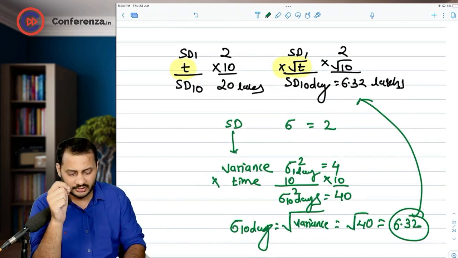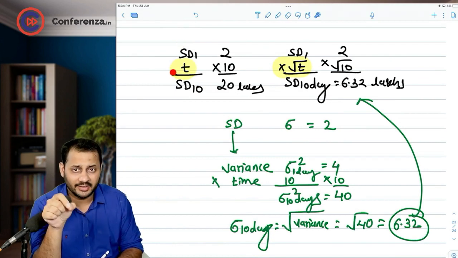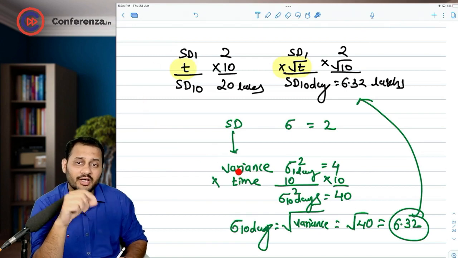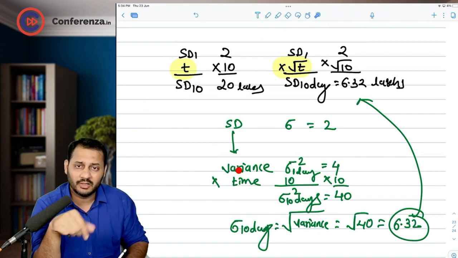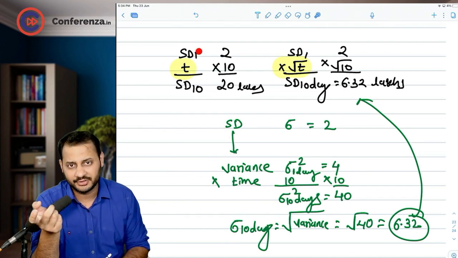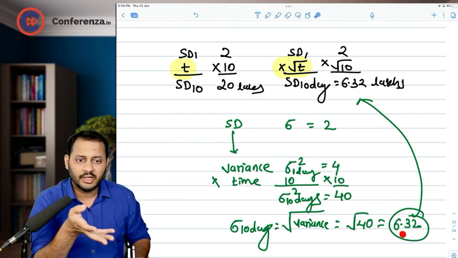So what I want to say is putting time directly with the standard deviation is wrong, because standard deviation is derived from variance. So if you want to multiply it with 10, multiply the variance with 10 and not the standard deviation. So yes, we will multiply the variance with time, with 10, and we will arrive at this figure.